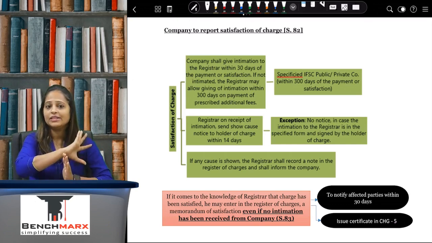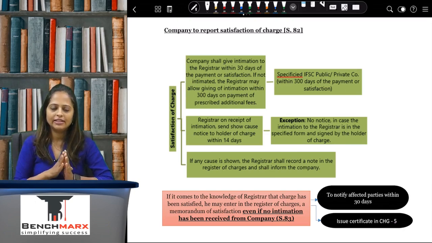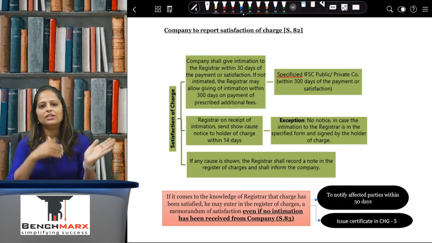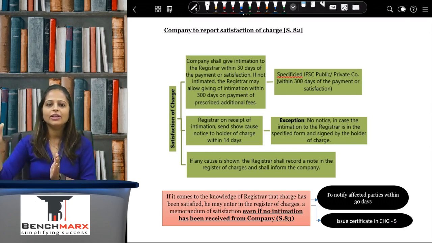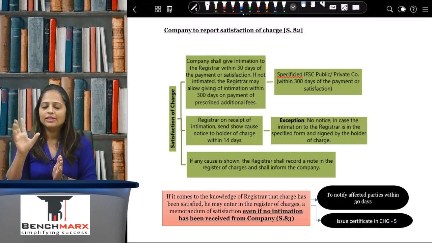Like when you were registering the charge, I told you that he will not just say okay, the charge is created, because you have told him. He'll check with the company and give 14 days' notice, correct? Similarly, here when the charge has been satisfied, he will not just accept it. He will check with the charge holder: the company is saying that the charge is satisfied, you have not signed it. Is the loan repaid?